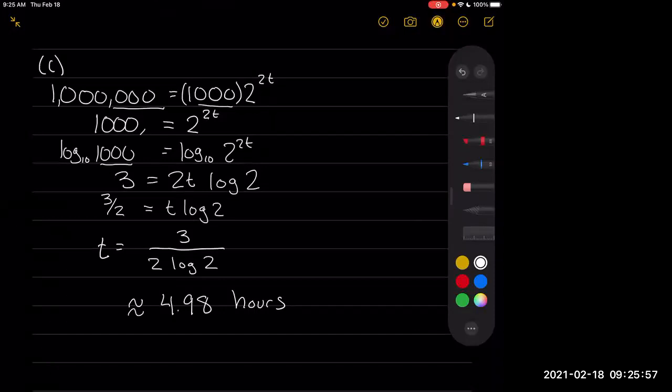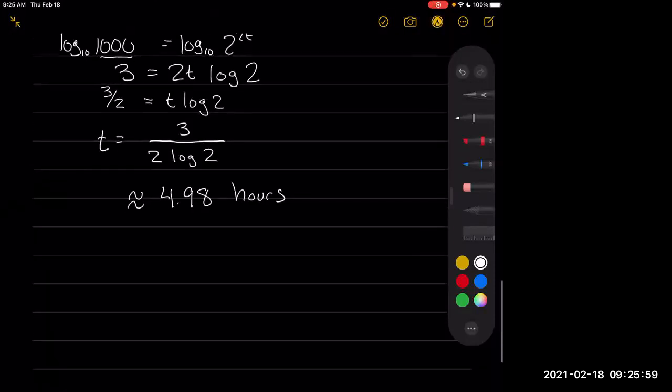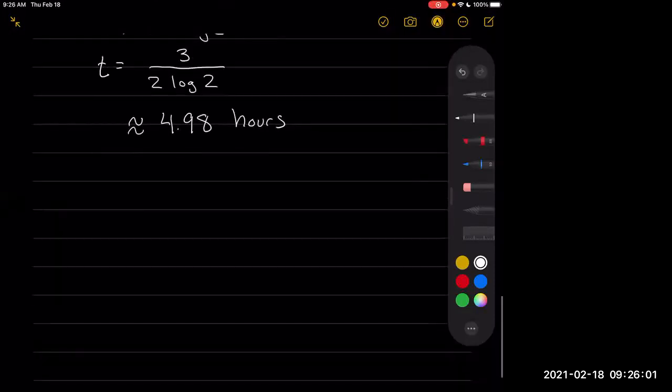Okay, now we're going to move on to another example of this type. This is looking at a rabbit population.